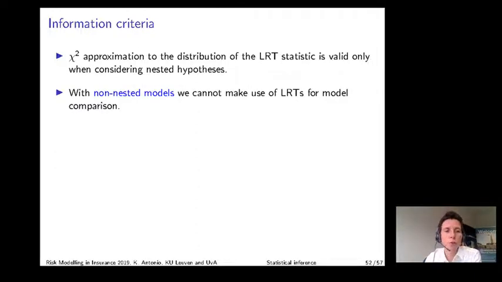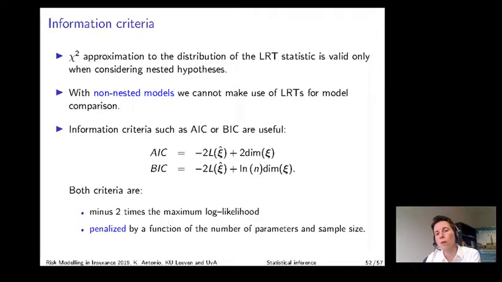But another useful tool to compare different models calibrated on the same data are information criteria like the Akaike information criterion or the Bayesian information criterion. Both criteria combine -2 times the maximum log likelihood with a penalty that is a function of the number of parameters and the sample size n.